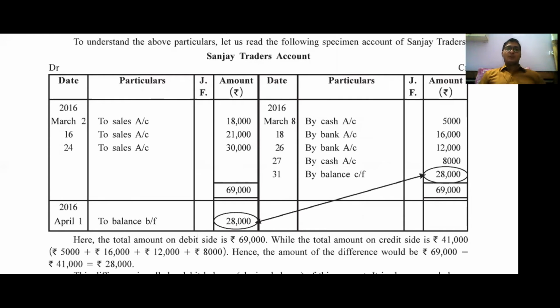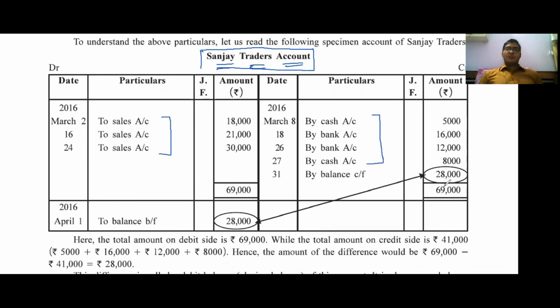So now how do we close the account? Here is an example. The name of the ledger account is Sanjay Traders account. Here you can see there are some debit entries as well as some credit entries.